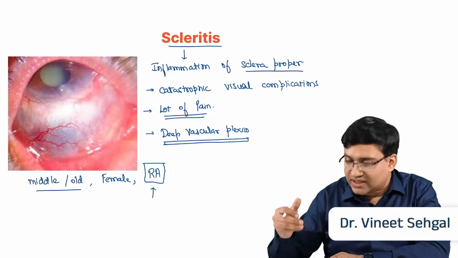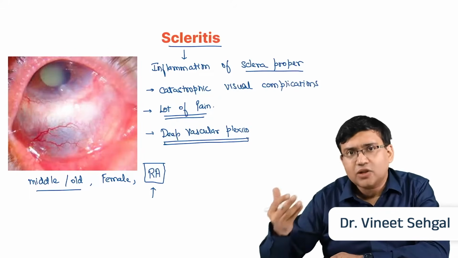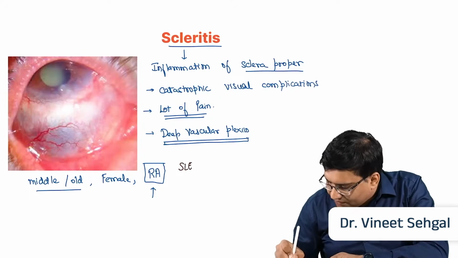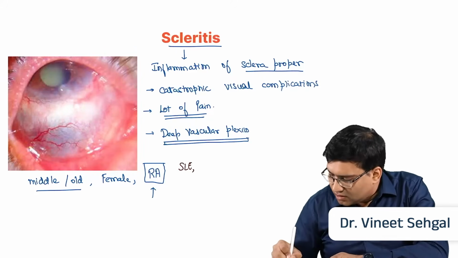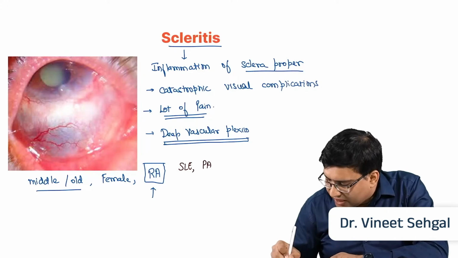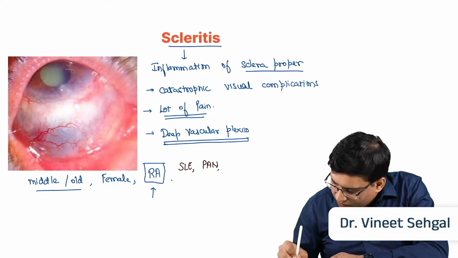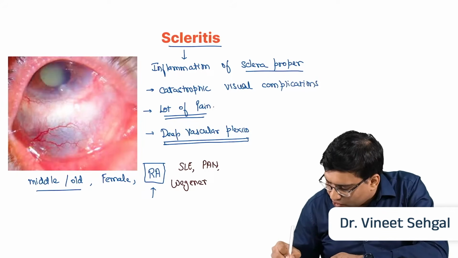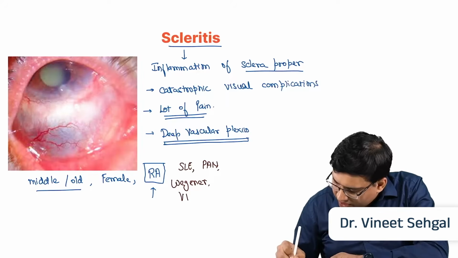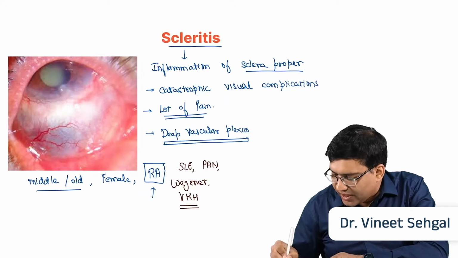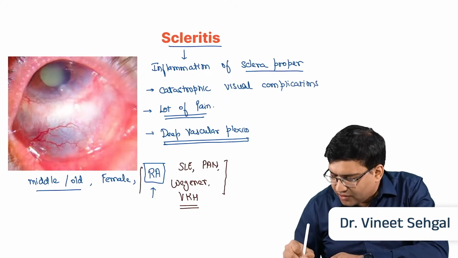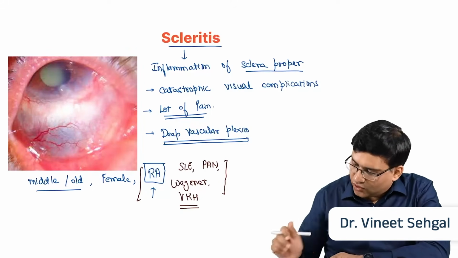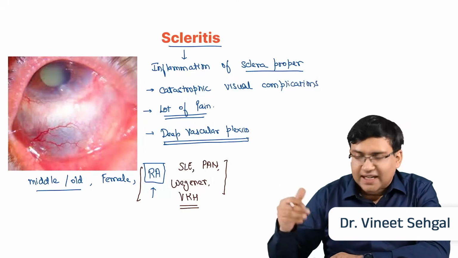This disease is associated with other autoimmune diseases as well, like SLE, polyarteritis nodosa, and granulomatosis with polyangiitis. Even in conditions like VKH, we can have scleritis as an ocular complication. So these are some important points regarding scleritis.